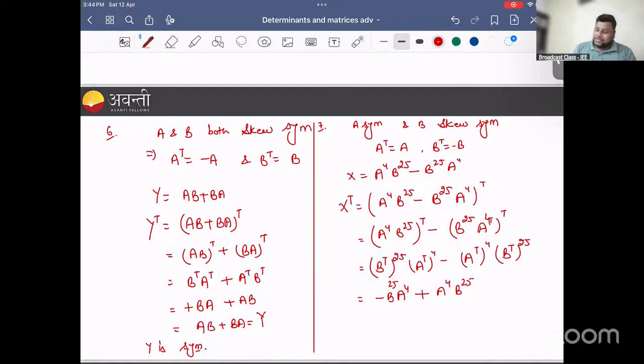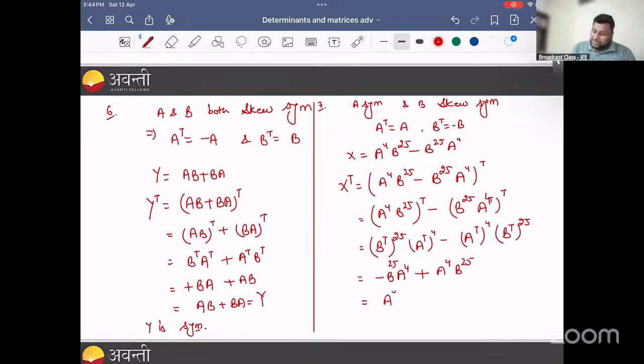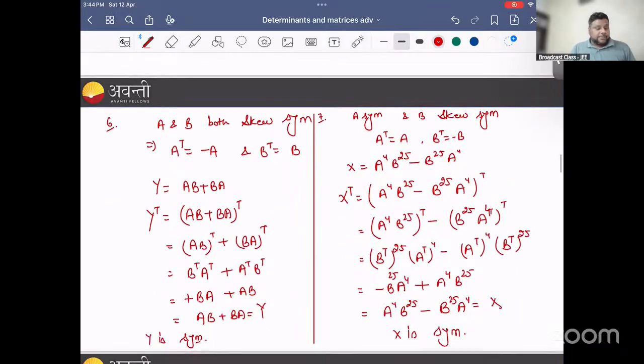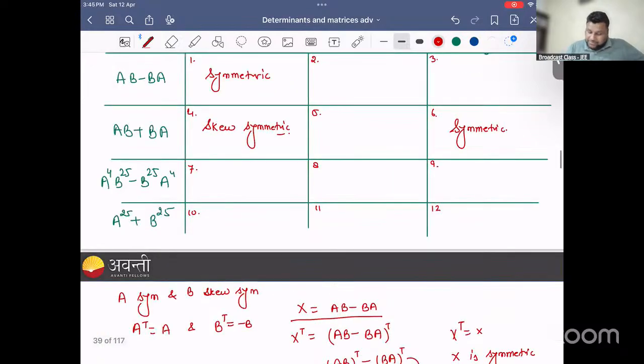So it finally comes out to be A^4 B^25 minus B^25 A^4, which is actually X again. So that means X is symmetric. Whatever I am doing today is coming symmetric only. So this came symmetric.